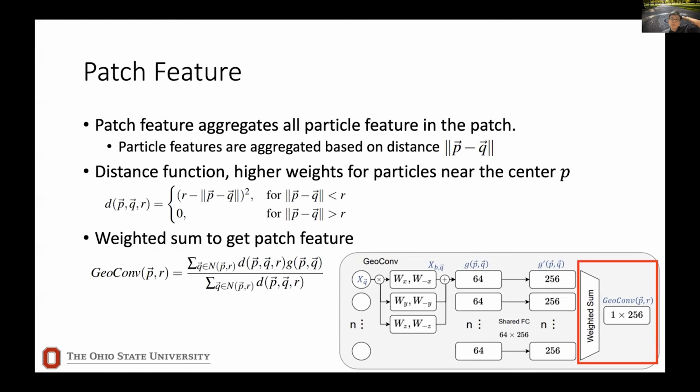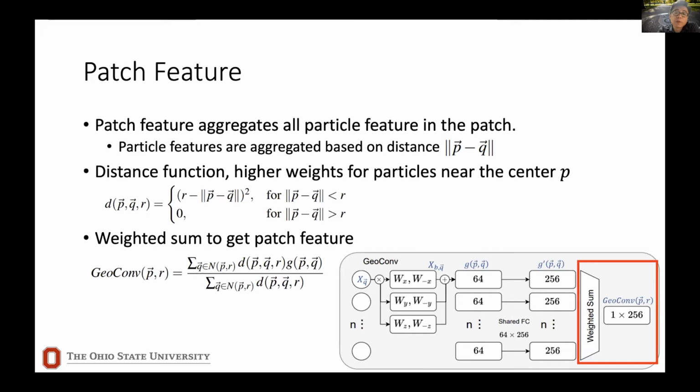So this is a very quick view of the convolution for particles. Even though we don't have a regular structure, I project the particle attributes into 6 regular dimensions: x minus and plus, y minus and plus, z minus and plus.